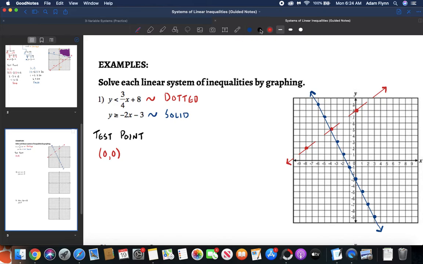So when I do that, for my top line, I've got 0 is less than 3/4 times, instead of x, a 0, plus 8.